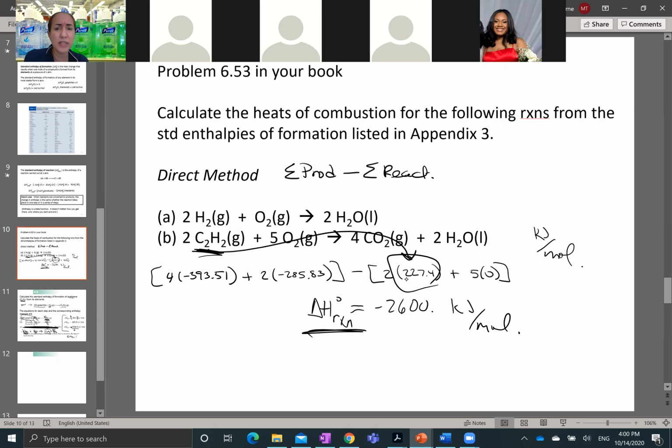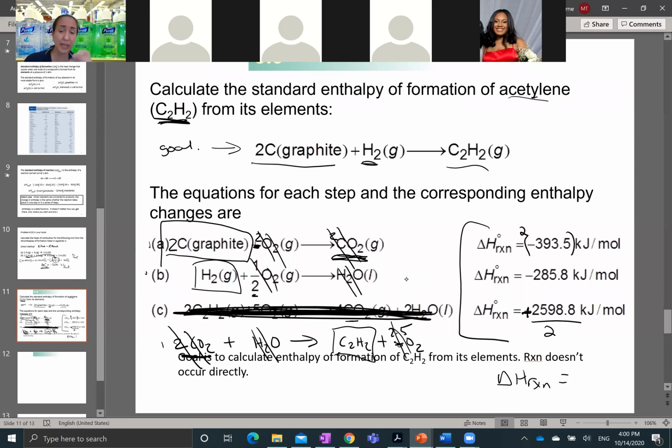The reason it's a little different is because this number, I believe when we did it, you guys got it from Google, but it's different, right? Our book has 226.6 or something like that, which is what you should exactly get when you add all of these three up. 226, I don't know what it is, point something kilojoules per mole. Obviously we have the formation value for acetylene, but this method is helpful when you don't know the formation value, because there are lots of chemists that synthesize new compounds, right?